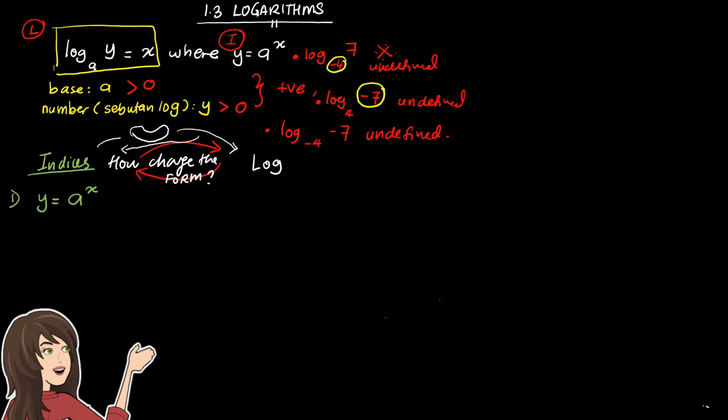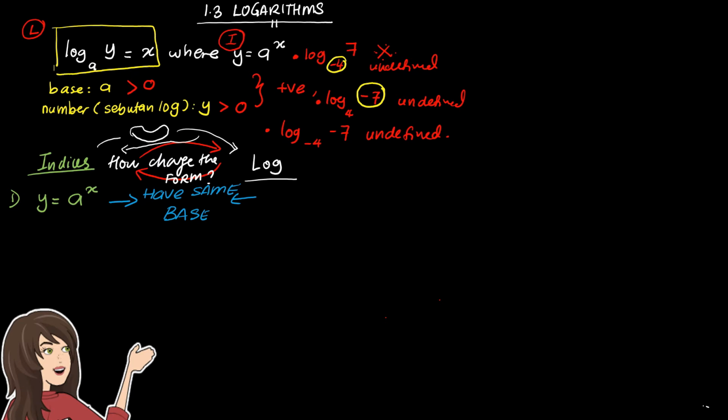Okay, the big point between indices and log is that they will have the same base. So dia ada base yang sama. Let's first identify the base of these indices. What is the base for these indices? Our index is here.